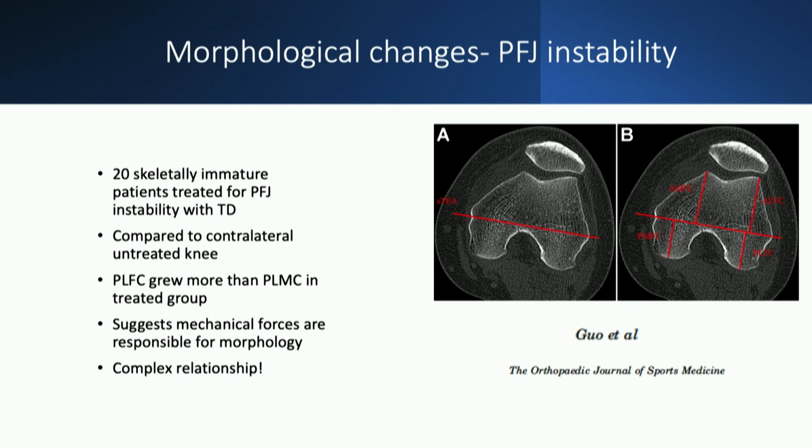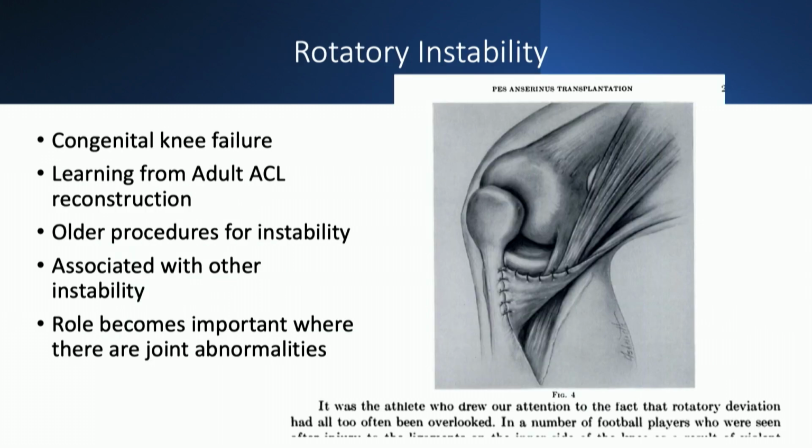When they looked at these patients after patella relocation in comparison to the other knee, okay, it's not a great way to get high quality evidence, but what they found was the posterior aspect of the lateral femoral condyle grew more than it did on the opposite side. So in some ways, the forces across the knee, be it the patellofemoral joint or tibiofemoral rotation, affect the way your condyles develop, but we don't fully understand the whole process.